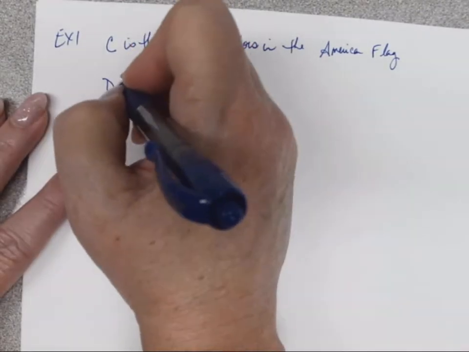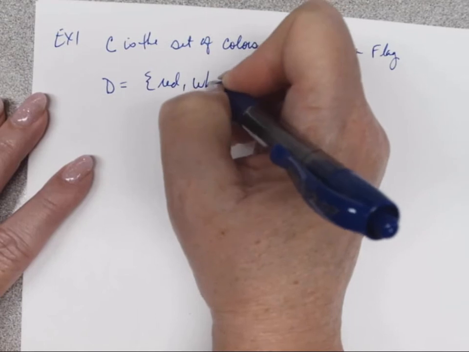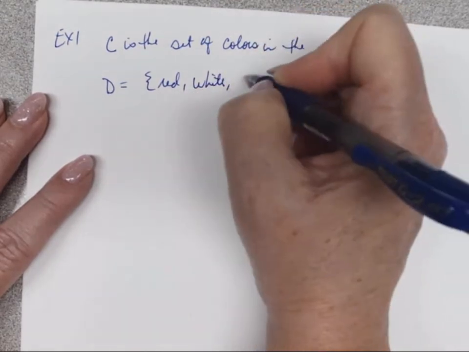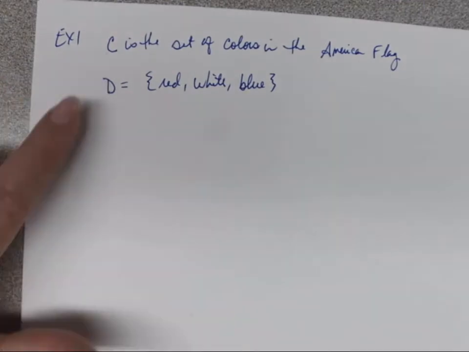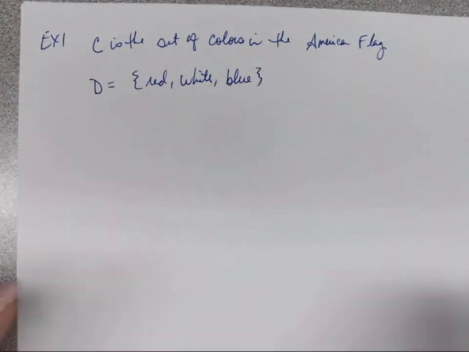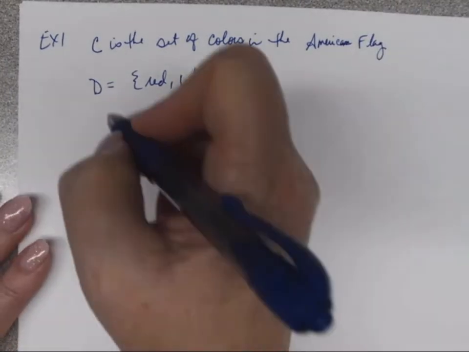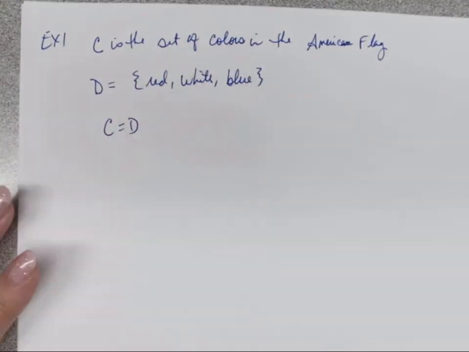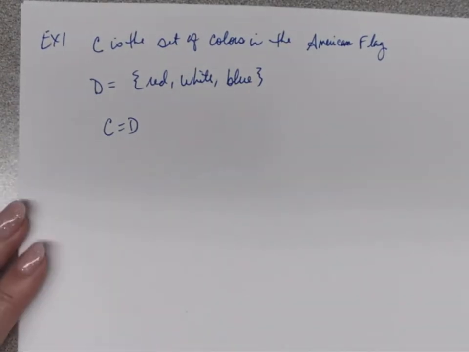And if we look at D is equal to red, white, and blue, are they the same set? Well, the colors in the American flag are red, white, and blue, so we can state that C is equal to D. They are the same.